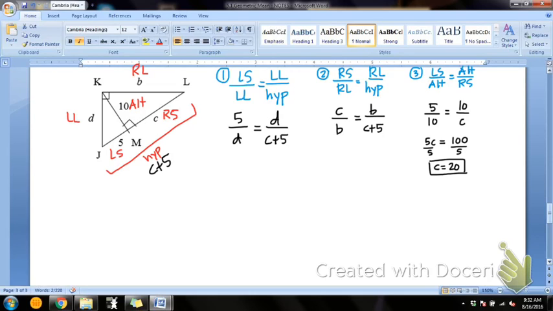So if C is 20, can we go back and fill that into my first two proportions? Okay, let's go back to our first proportion. I'm going to have 5 over D equals D over, I said that C was 20, so what's 20 plus 5? 25. Right, we said C was 20, so we plugged it in. 20 plus 5 is 25.